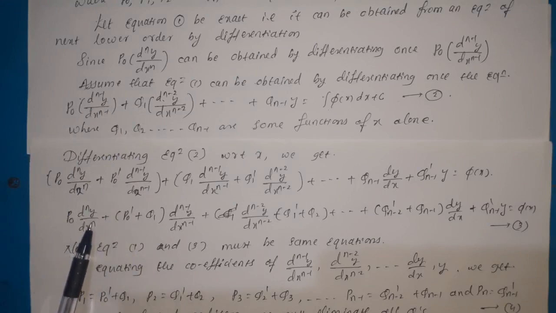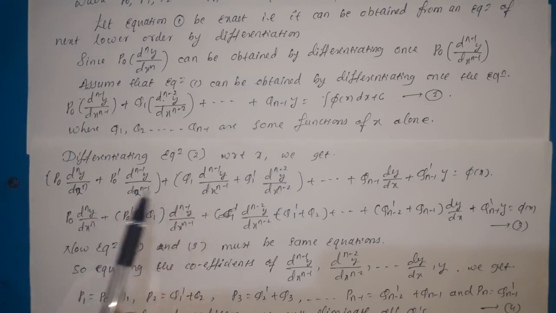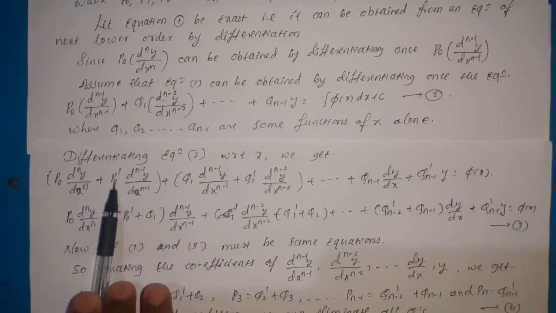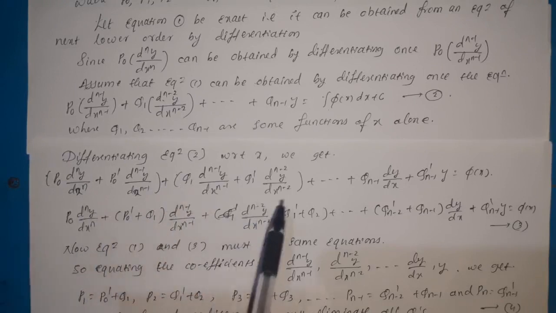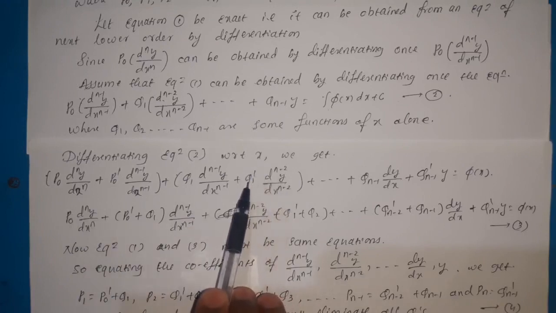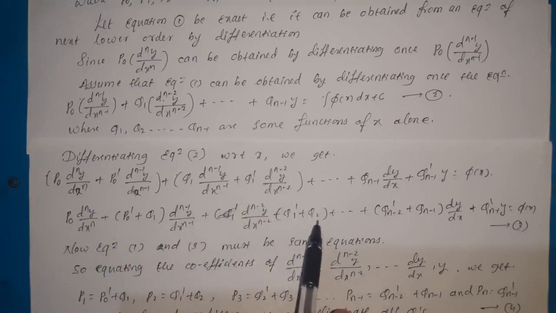So the first term is as it is, then d^(n-1)y/dx^(n-1) is common, and the remaining is p0' plus q1, because we have p0' and q1. Next, d^(n-2)y/dx^(n-2), here it is q1' and the next will be q2.